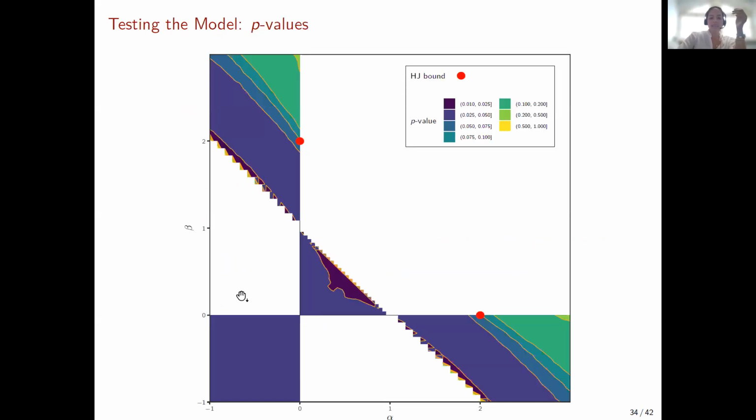What we see here is that all these violations are in the co-skewness between the US and the UK, indicating that the model is probably not very good at explaining the co-skewness that we have in the data.